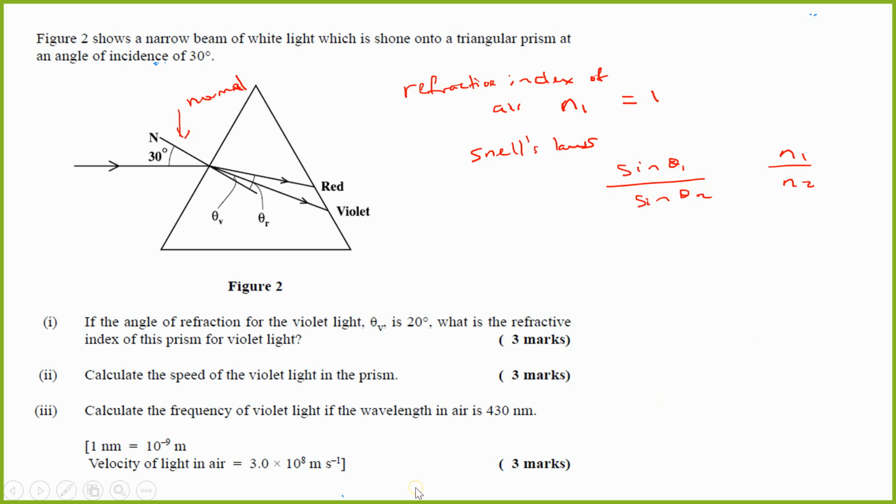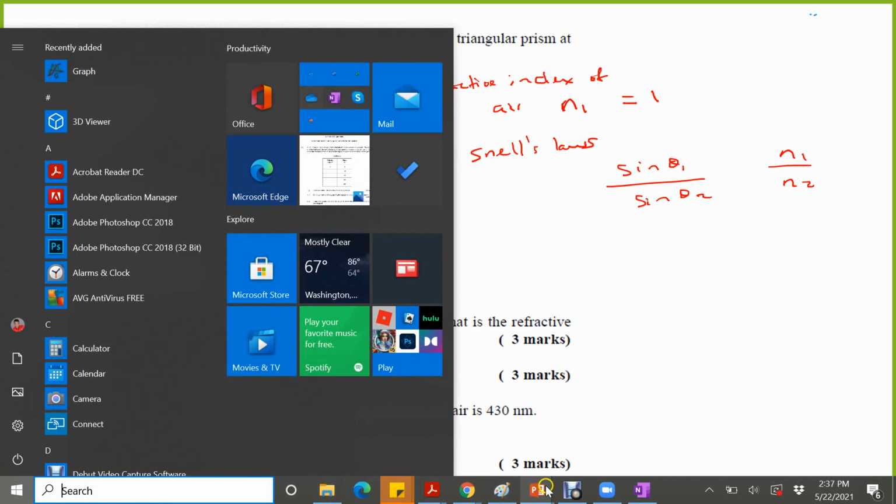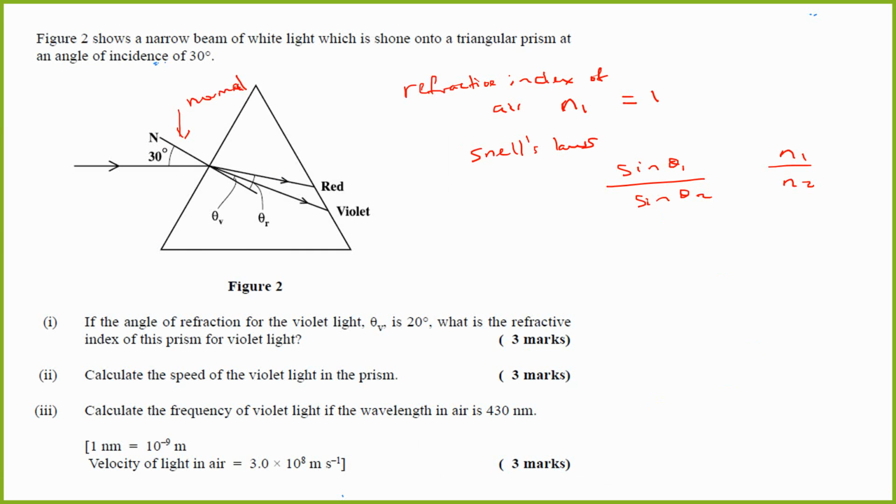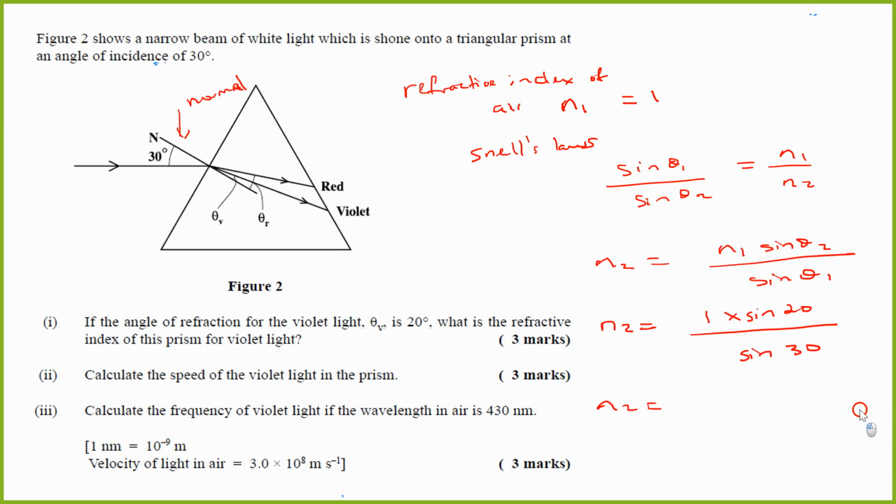Let me just confirm though. Right. Sir, the sine of 20? Yes, sine of 20. Sir, it's 0.34.